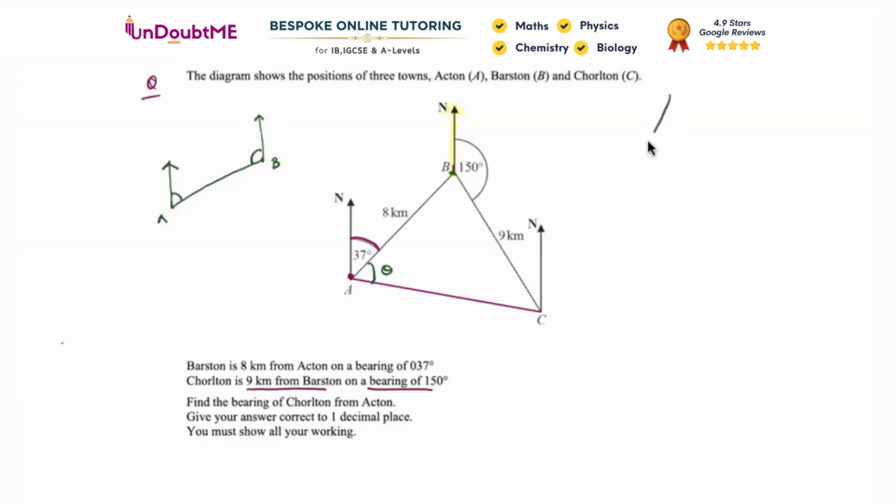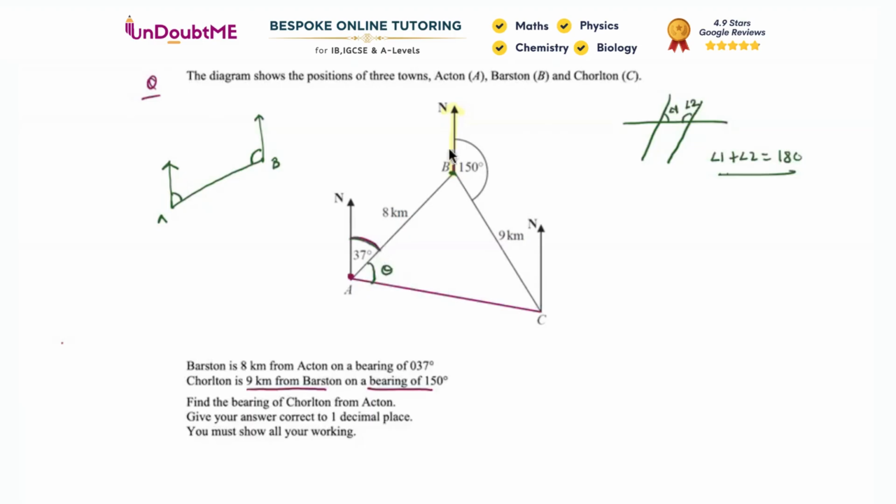There's a property for parallel lines, which you may have done in lower grades, that if two parallel lines are intersected by a transversal, then the co-interior angles are supplementary. Supplementary means sum is 180. So let's say this is angle 1 and this is angle 2. So angle 1 plus angle 2 is 180. That is what we'll be using over here, and it can be used in all similar questions like this for later ones as well.